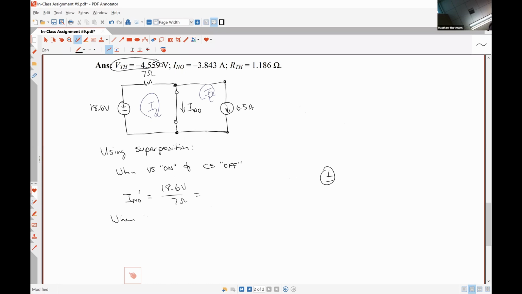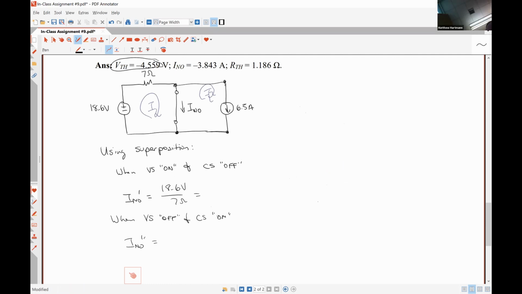When the voltage source is off and the current source is on, what is I Norton double prime? It was 6.5 times 7. So let's look at the circuit real quick.